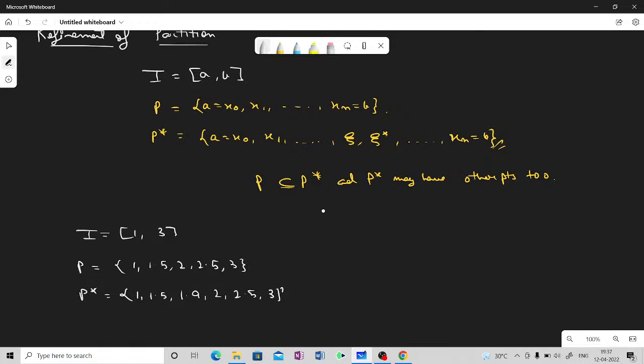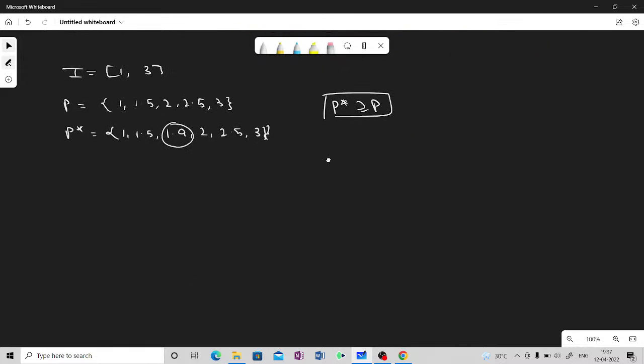So P star contains P and has some more points. So P star is the refinement of P. This is the refinement of a partition.